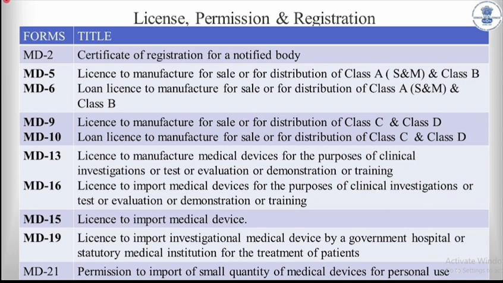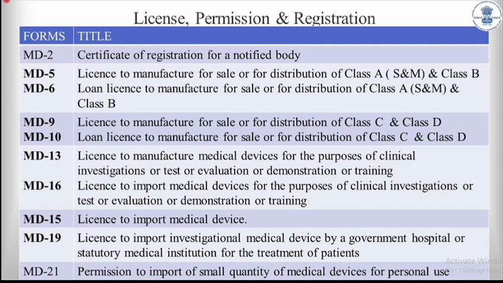And all kinds of Class C and Class D devices will come under licensing from 1st October. That means hardly 5-6 days. From that date onwards, you may demand a license, either a manufacturer license or import license or retail or wholesale license, as the case may be, when somebody is trying to sell a product to your hospitals.